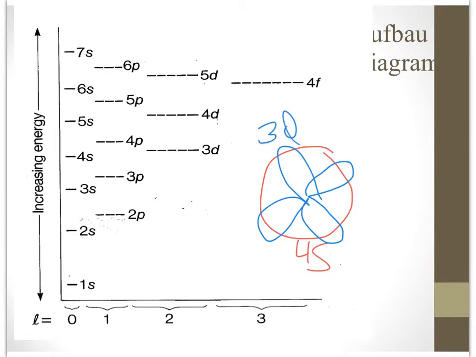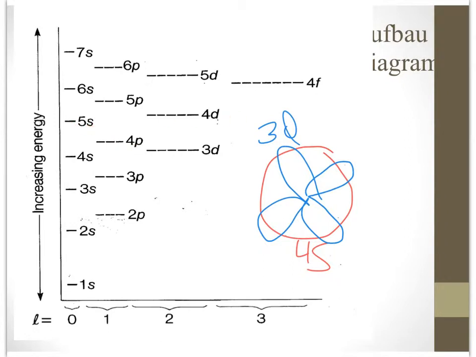There are parts of the 3d, these edges, that actually stick out farther from the nucleus than the 4s as a whole. So the 3d is actually slightly higher energy than the 4s. So it fills after, then the 4p, then the 5s, etc.